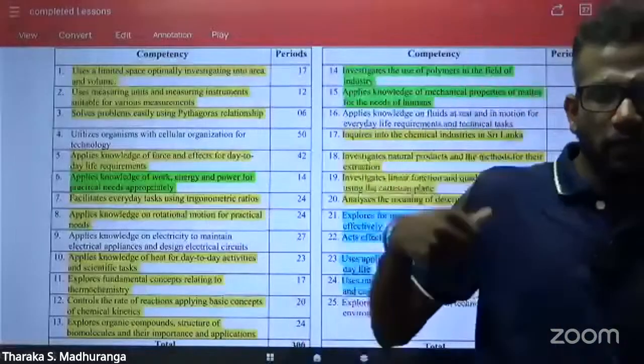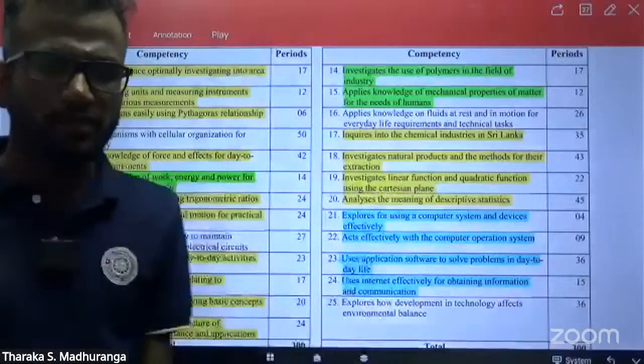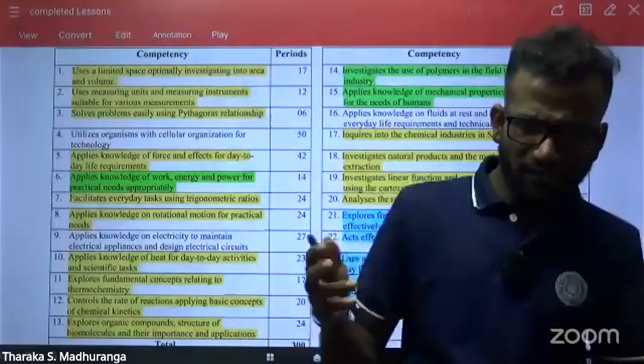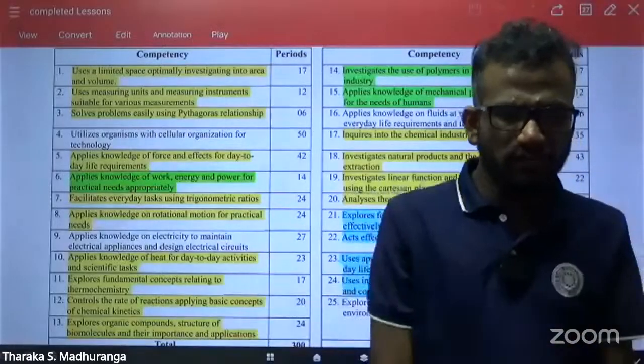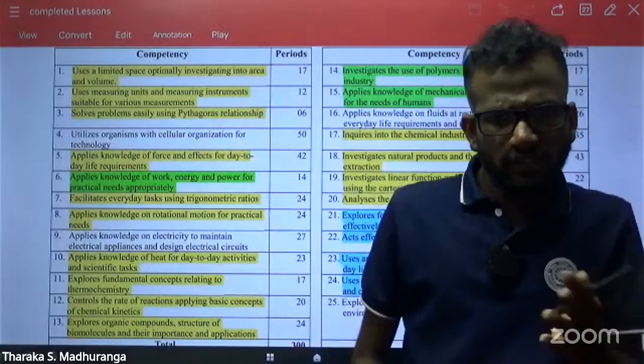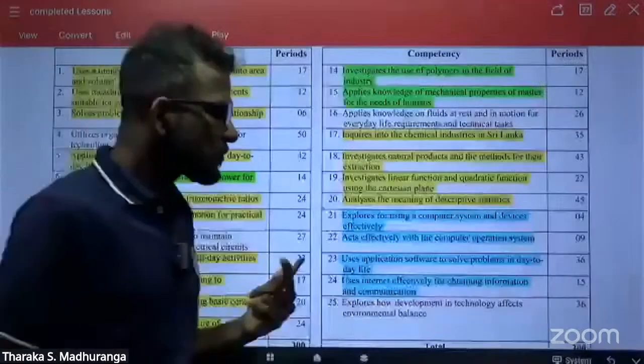Then we have electricity only. Electricity is a small lesson, a small part, not like engineering technology. We're not going to discuss electricity in depth, only a few scientific things: the Kirchhoff laws and the equivalent resistance.